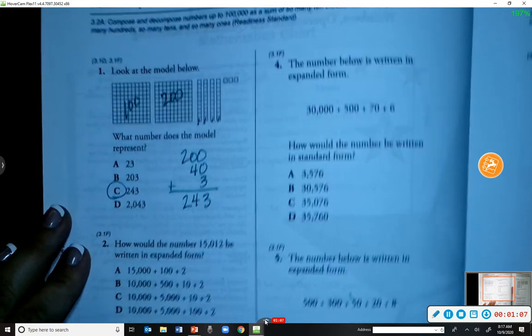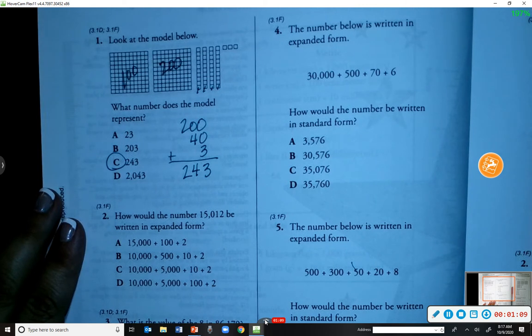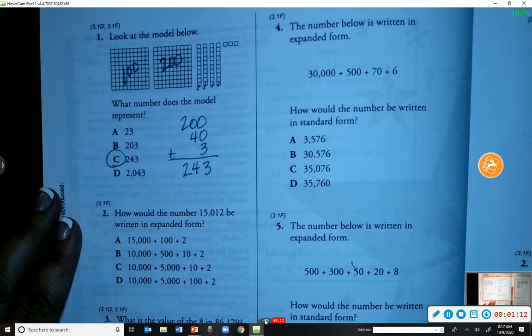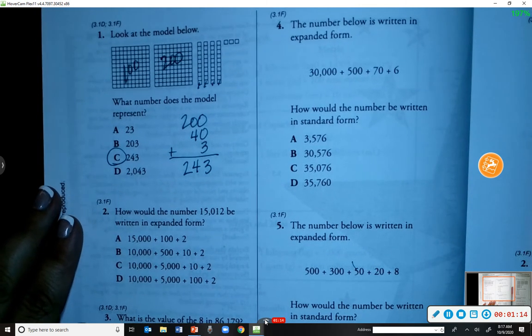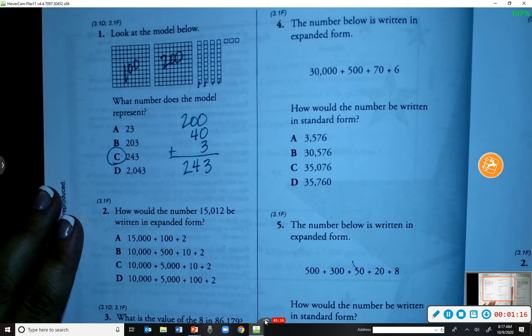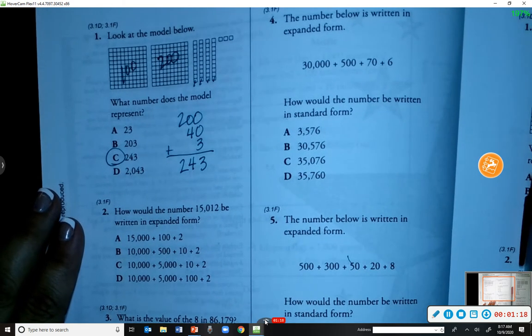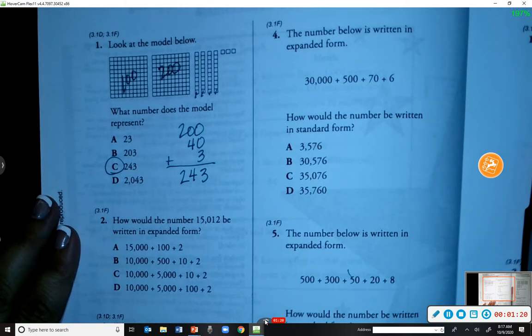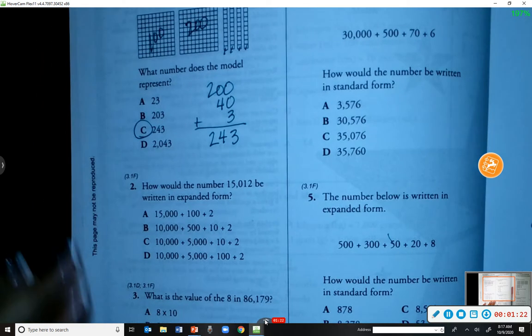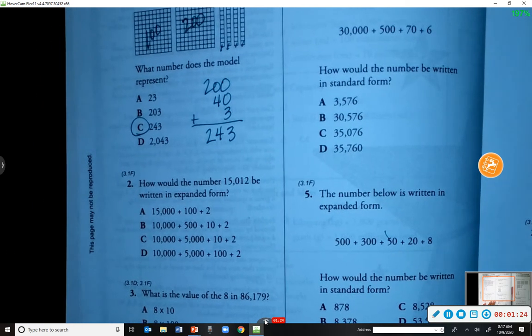Okay, number 2. How would the number 15,012 be written in expanded form? Okay, what's a strategy we could do for expanded form? What'd you do, Bryson?